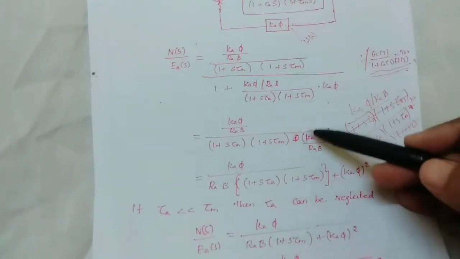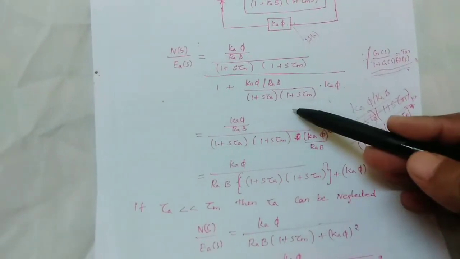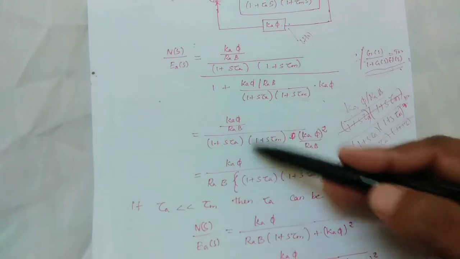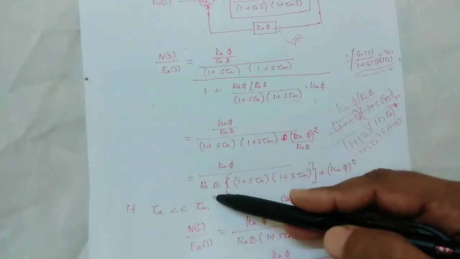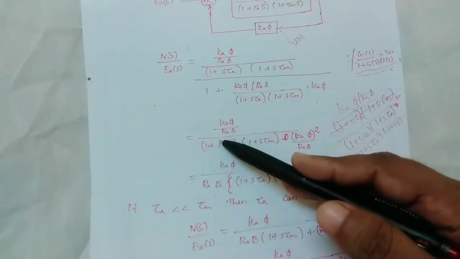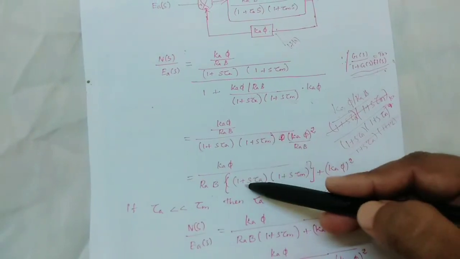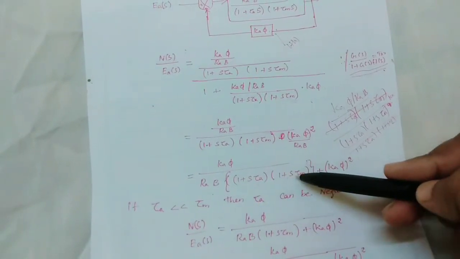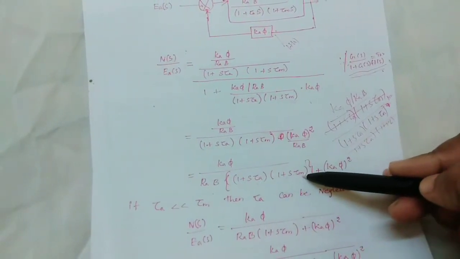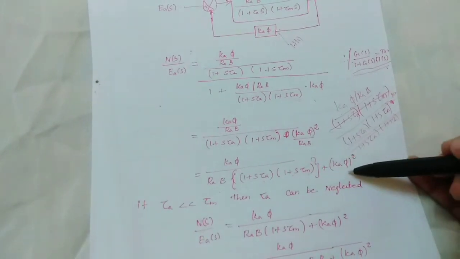And next, after this simplification, we take K a phi, RA B in the denominator, and this term remains as it is, 1 divided by 1 plus s tau A, 1 divided by 1 plus s tau M, plus K a phi the whole square.